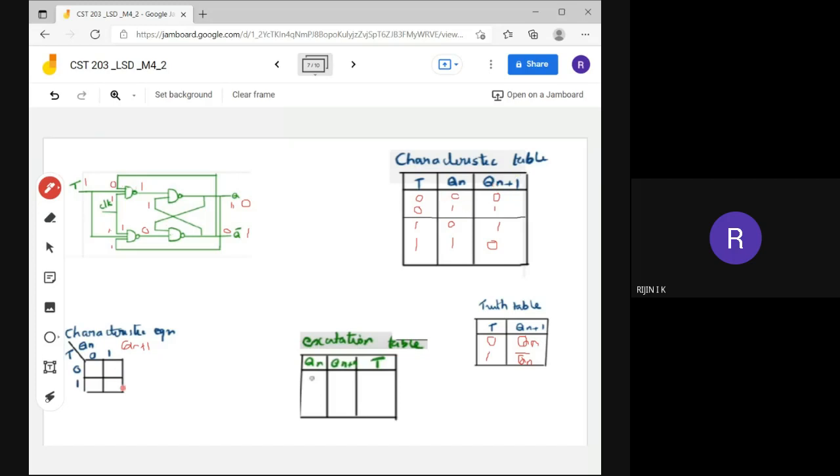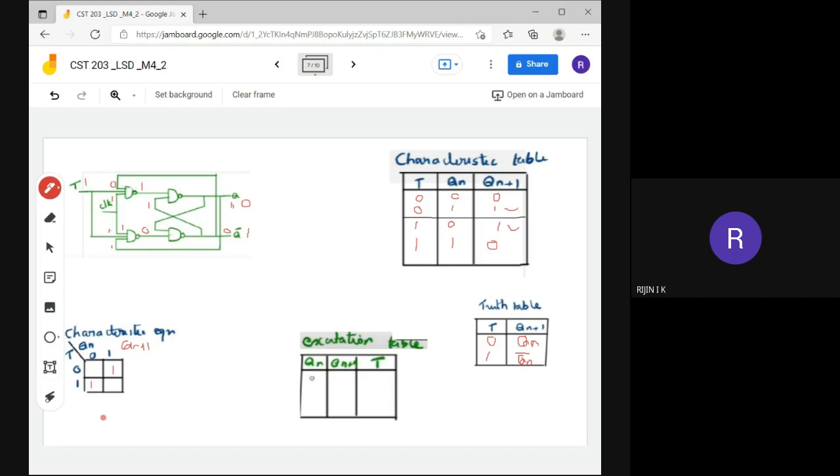Where the entries are 1, we write 0, 0, 1 here, and here also 1, 0. That means 1, 0.